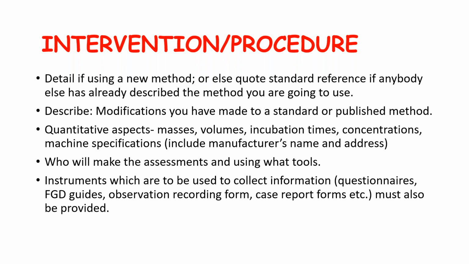So you just give the reference. In protocol, you don't need to go into the detail, but it is always better in thesis that you describe the procedure, so that the thumb rule is that anyone picking up the thesis and trying to replicate should be able to do so without looking at any other journal. So that is the level of description you should give.